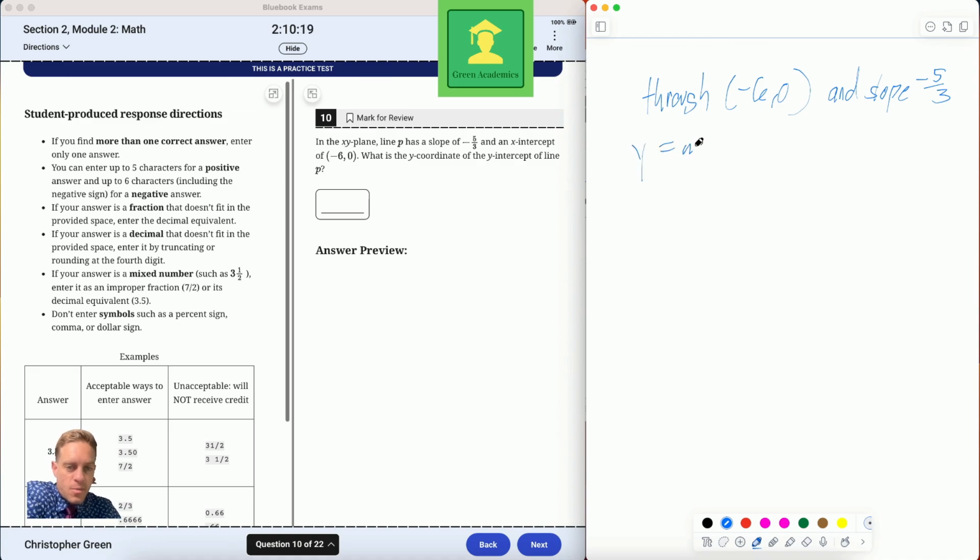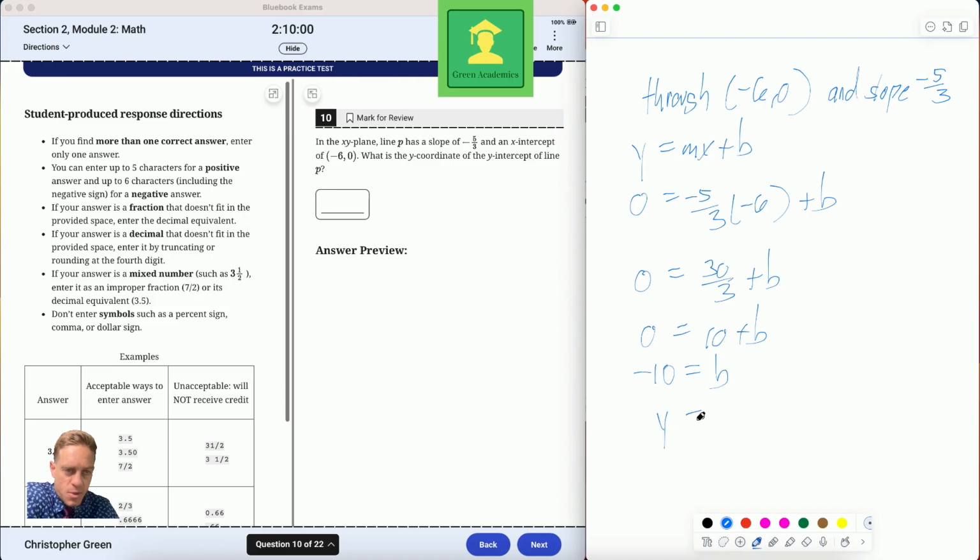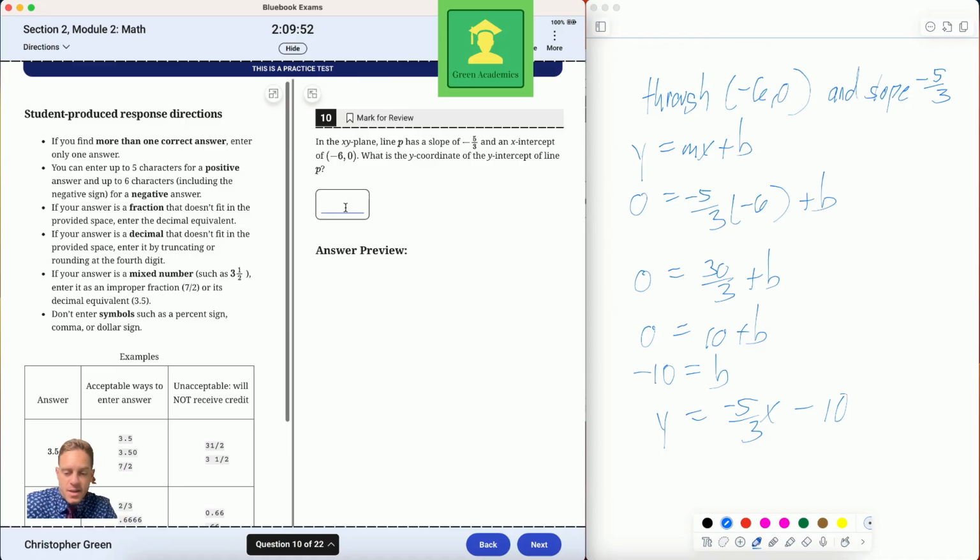So I'm going to put it in slope-intercept form. So 0 equals -5/3 times -6 plus b. 0 equals 30/3 plus b. 0 equals 10 plus b. So b is -10. So the general equation of the line is y equals -5/3 x minus 10, which means that the y-coordinate of the y-intercept is -10.